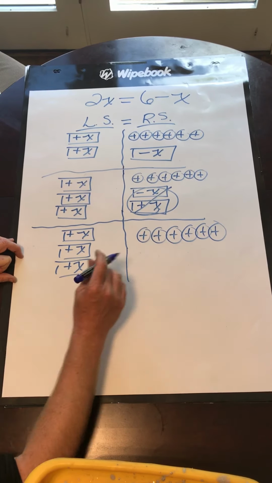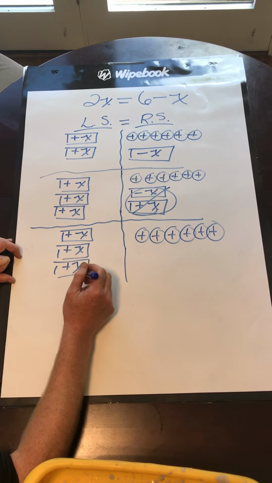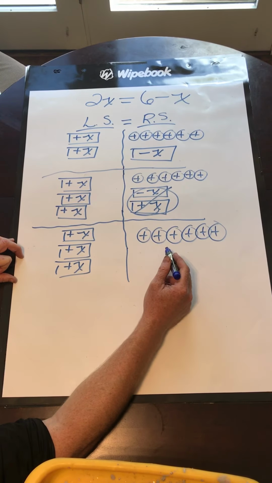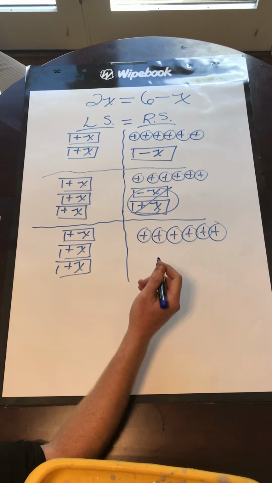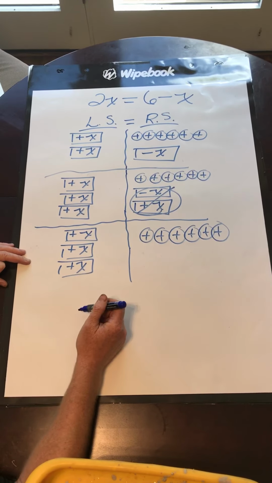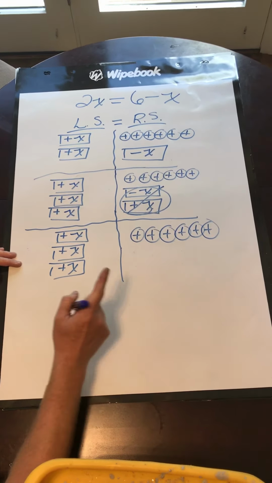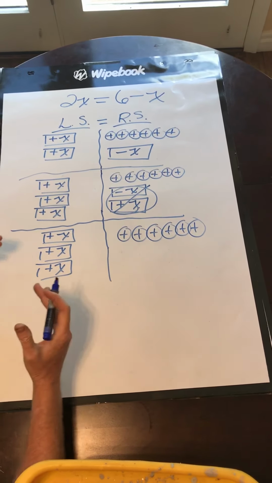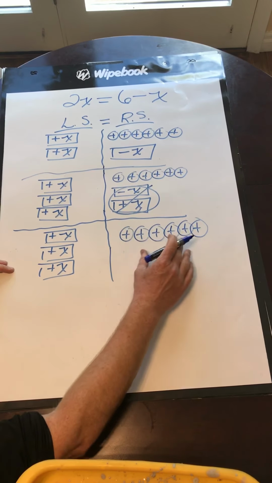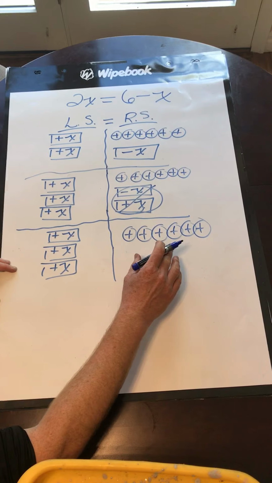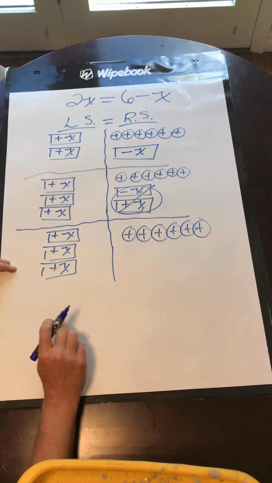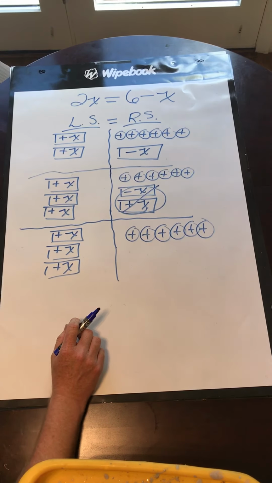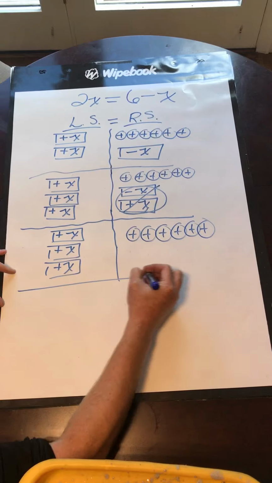So now I know that 3 x tiles is equal to 6 positive unit tiles. But we don't want to know what 3 x tiles is equal to. We only want to know what 1 x tile is equal to. So can we rearrange these unit tiles equally with the 3 x tiles to find out what 1 x tile is equal to? And the answer is yes, we can.